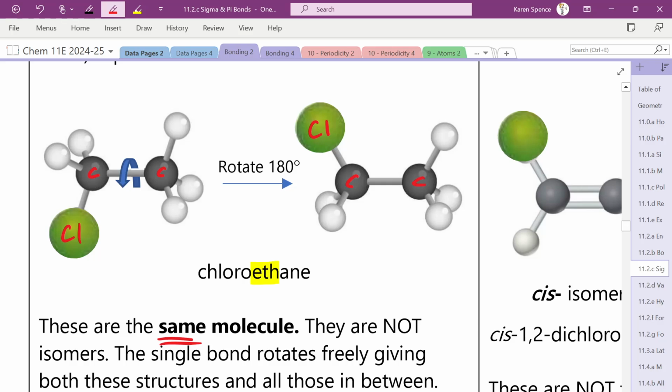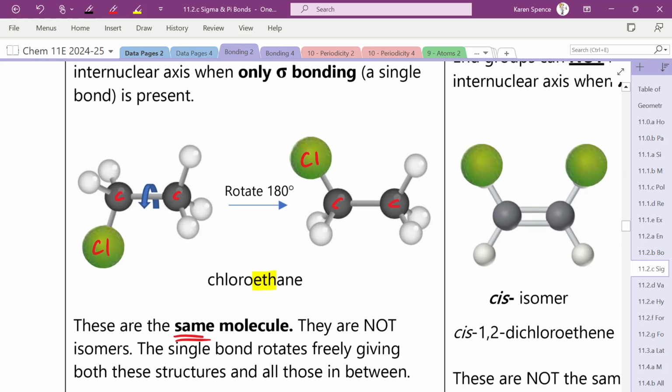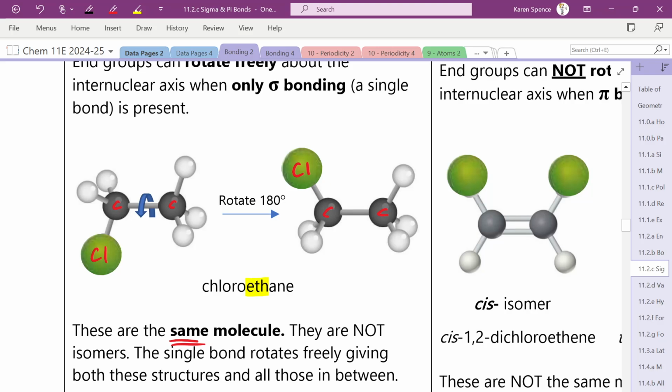Have we talked about isomers? No. Okay. Isomers. Iso means the same.